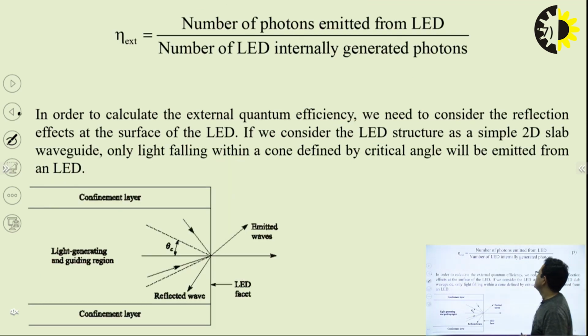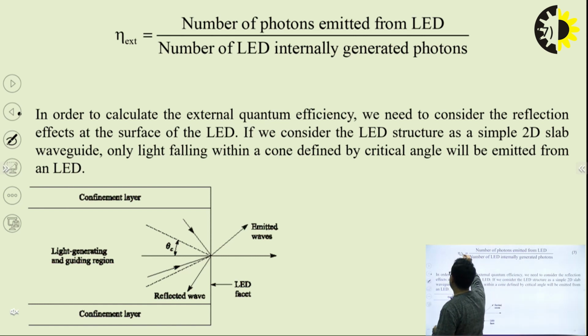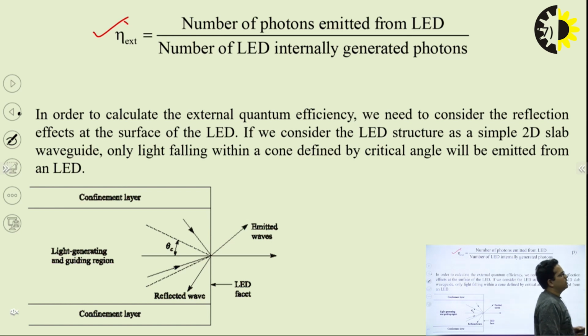Now the next thing associated with the LED is the external quantum efficiency. Apart from internal quantum efficiency, which we saw, it is the ratio of the radiative recombination rate to the total recombination that is occurring in the LED.